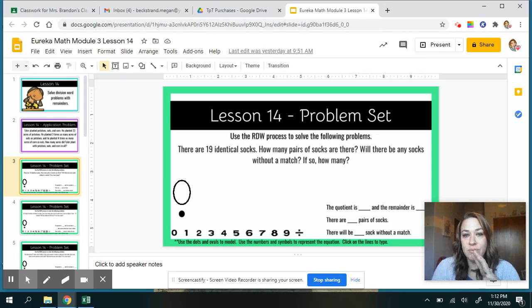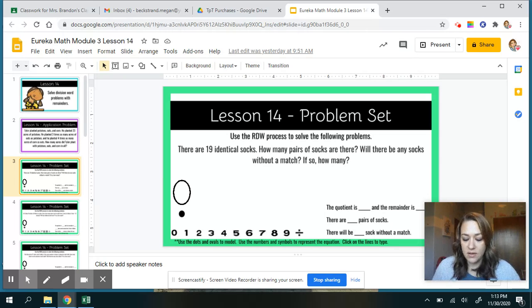And then to double check our work in multiplication, we take our answer, which was 2, multiply it by our divisor, which was 5, and 2 times 5 is equal to 10. So you can double check your work by using multiplication. We'll get into that more as we go, but I just want you to understand that division is taking a whole and breaking it apart into more groups.